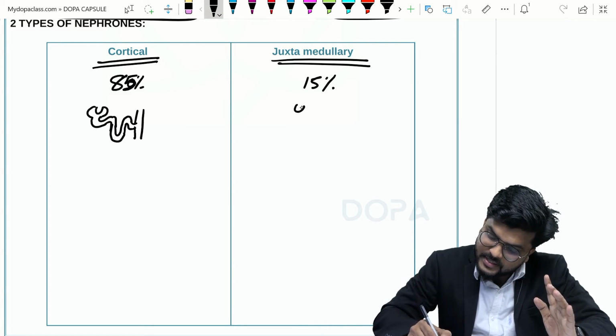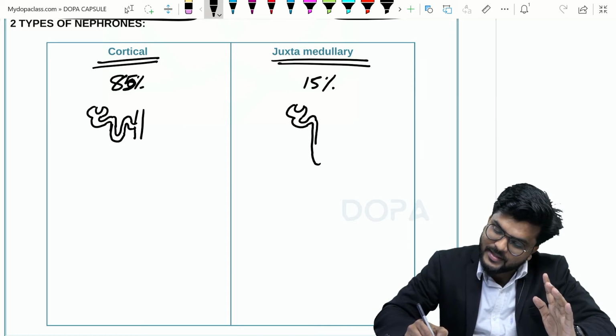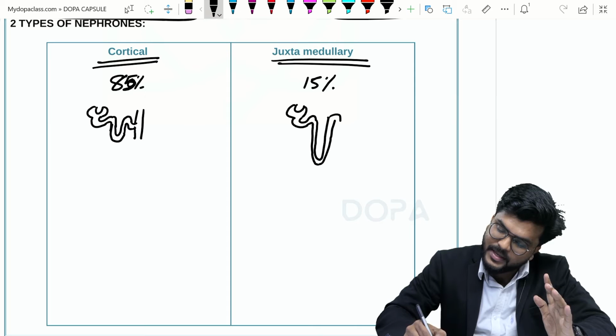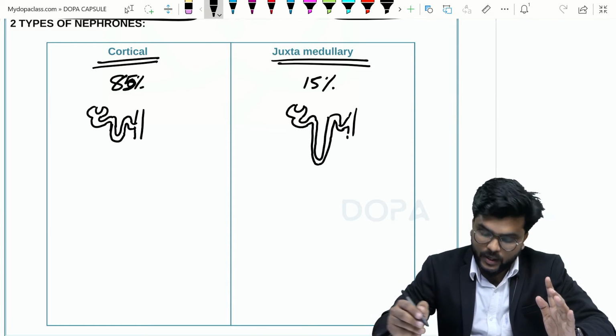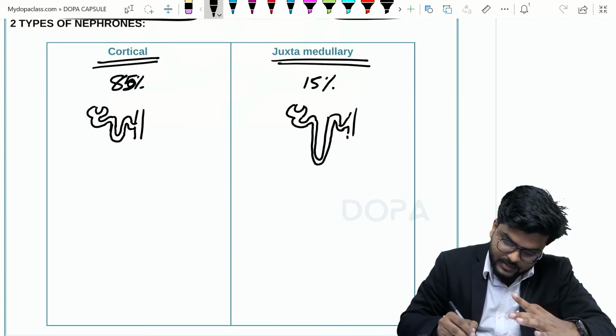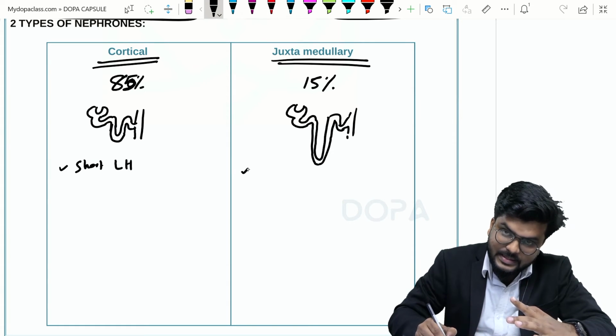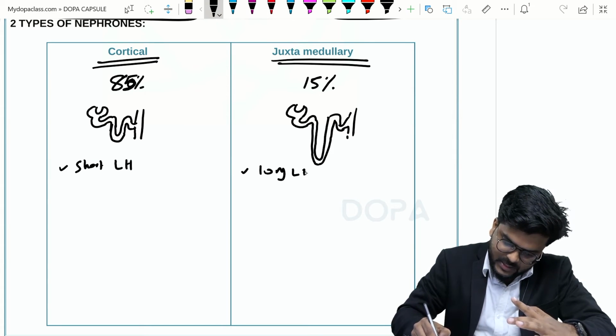Regarding the juxtamedullary nephron, that is the classical nephron which we usually draw, right? This has a long loop of Henle like this. That is the basic difference between the cortical nephron and the juxtamedullary nephron. So we got the first point: here there is a short loop of Henle, and here a long loop of Henle is present.